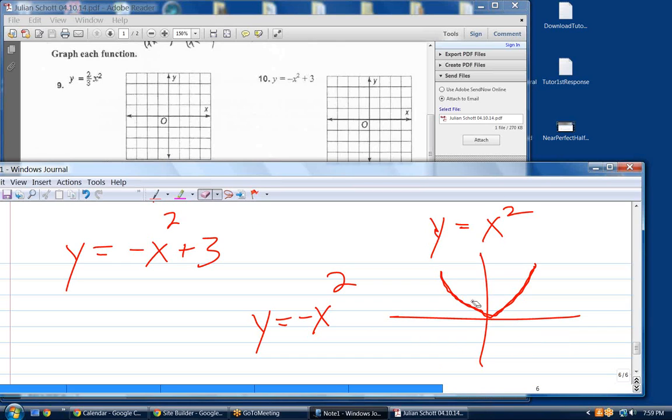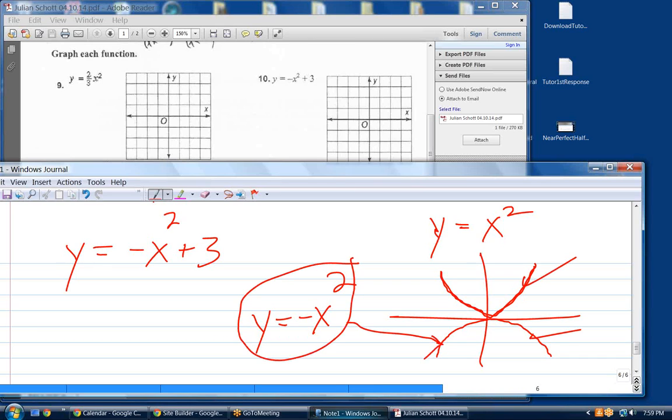You know what I mean by reflected over the x-axis? If you take this and mirror it, it's the mirror image of the one that goes the other way. That is what I'm doing when I'm reflecting this graph over the x-axis. It becomes this graph. So this function equals that graph.